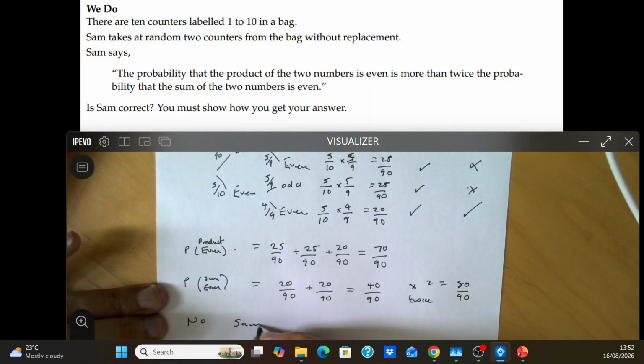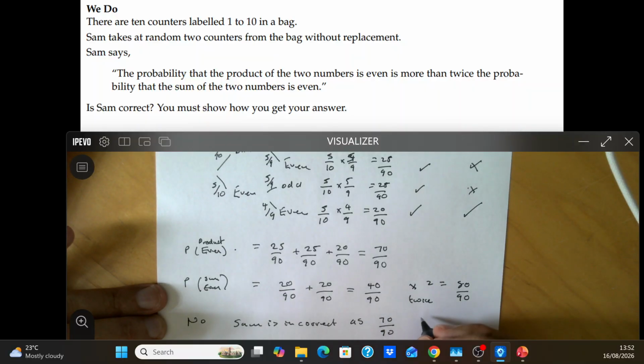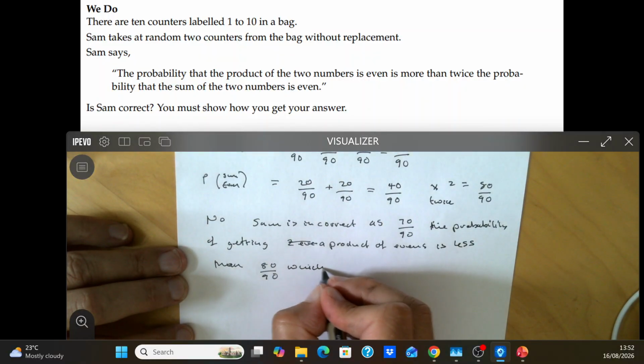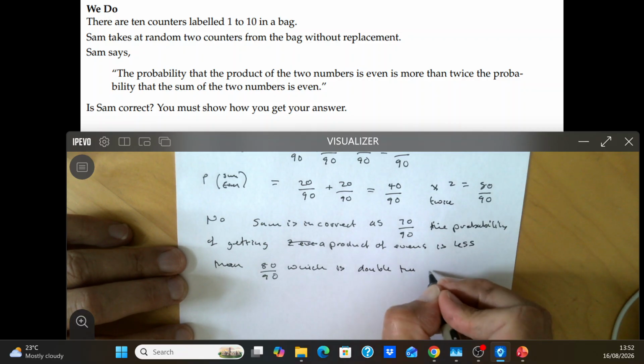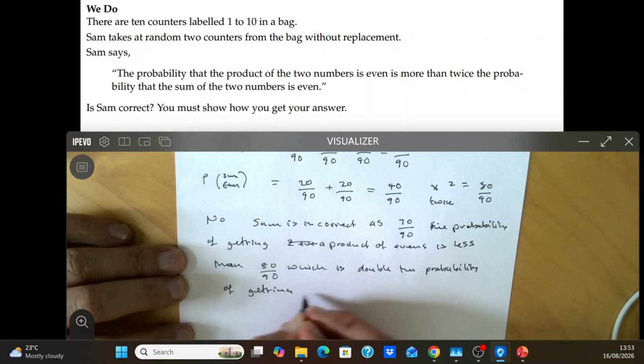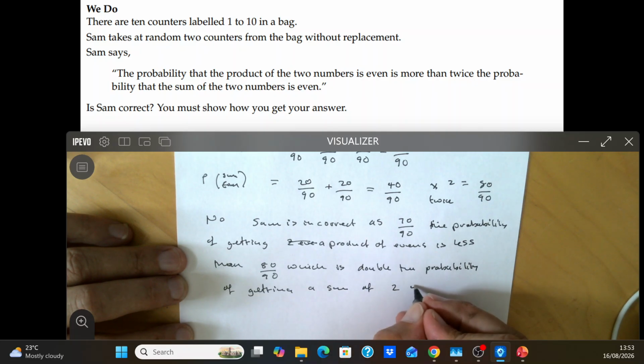No. Sam is incorrect, as 70 over 90, the probability of getting a product of evens, is less than 80 over 90, which is double the probability of getting a sum of 2 evens.